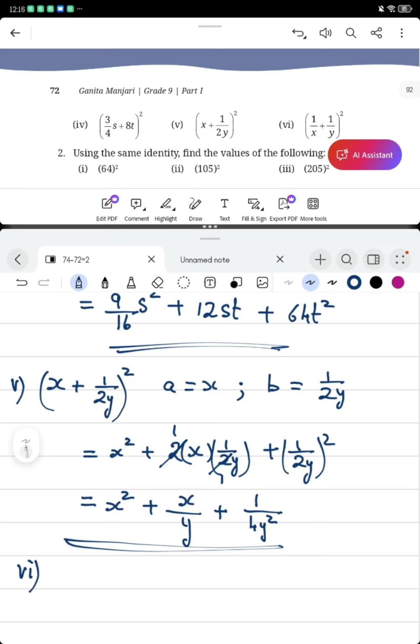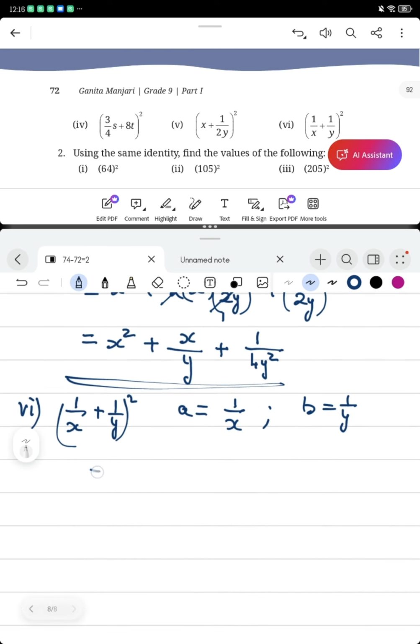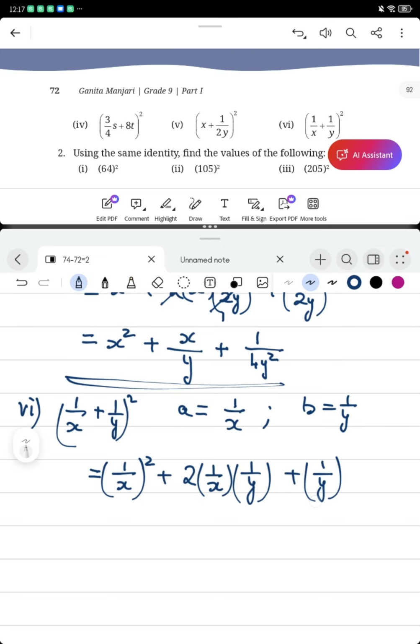Let us do the sixth subdivision. It is 1 by x plus 1 by y whole square. All right, our a is 1 by x and our b is 1 by y. So now if you expand this, it becomes 1 by x whole square plus 2ab. 2a is 1 by x, b is 1 by y, plus 1 by y whole square.